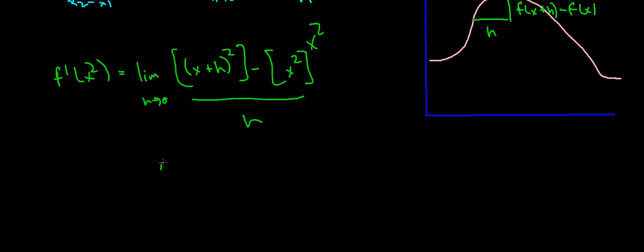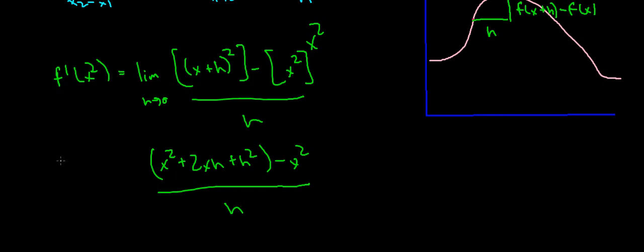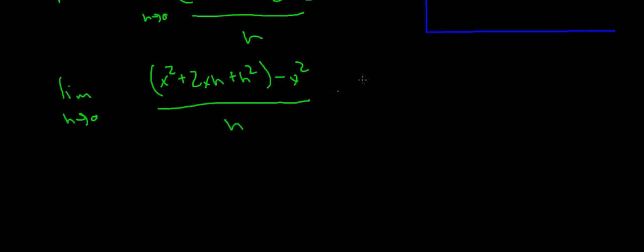So this will be x squared plus 2xh plus h squared minus x squared over h as the limit goes to 0. So I'm just going to start dividing the h out.